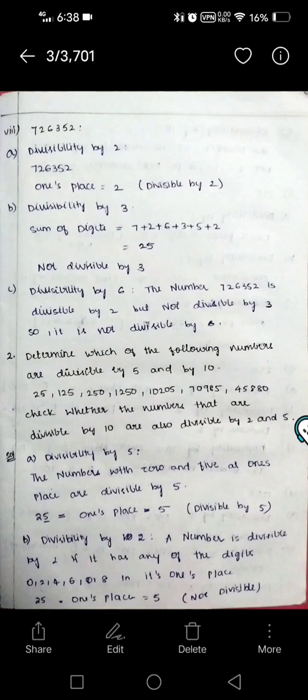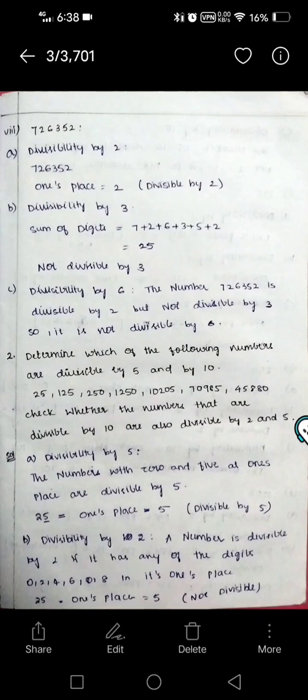Okay, and the divisibility rule for 5 is that numbers with 0 and 5 at the ones place are divisible by 5. If we take the first number 25, in the ones place the digit is 5, so it is satisfying the above condition of the rule, so it is divisible by 5.